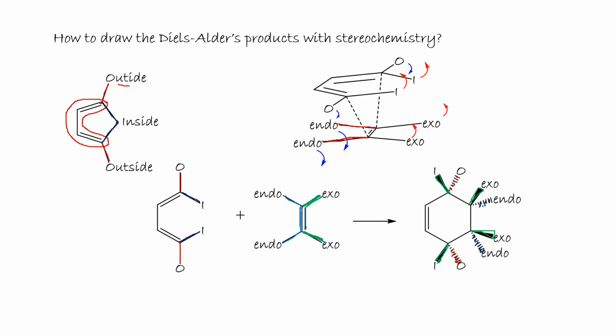When they interact, exo goes up, as well as the two groups inside. These two groups go up. On the other hand, the endo go down, and the outside groups go down.